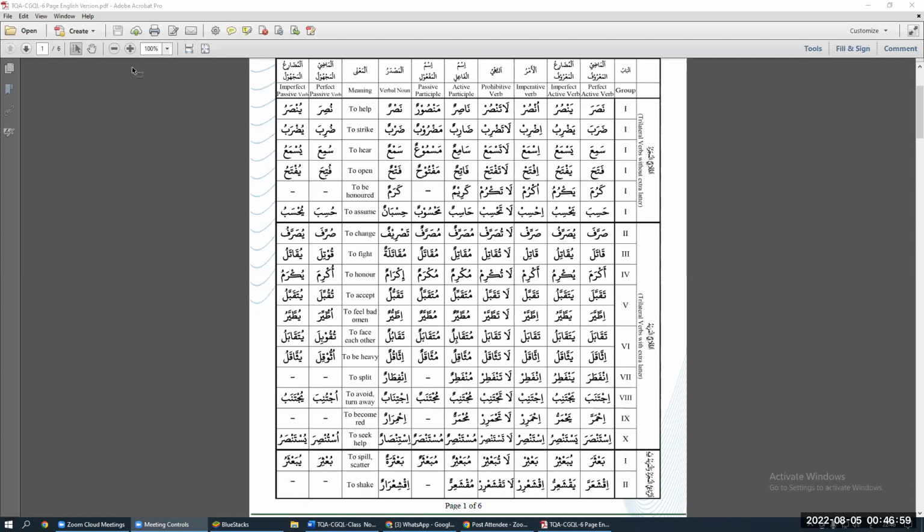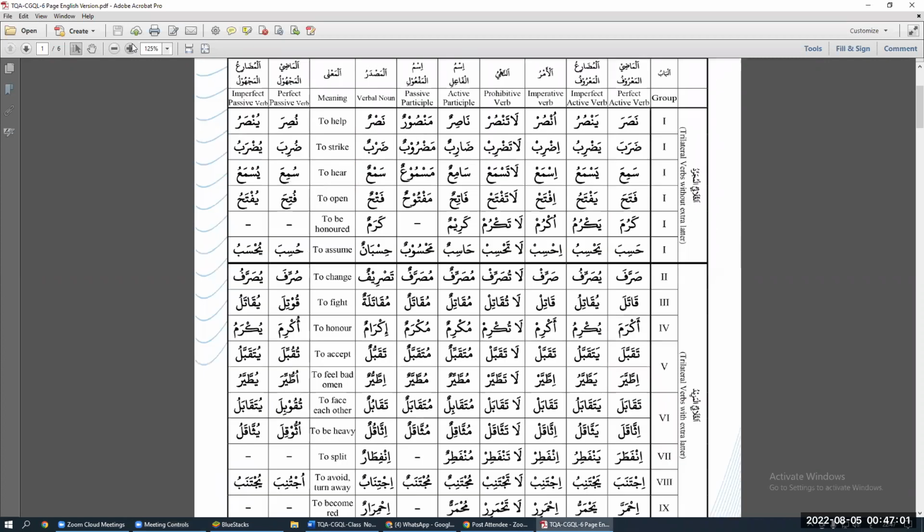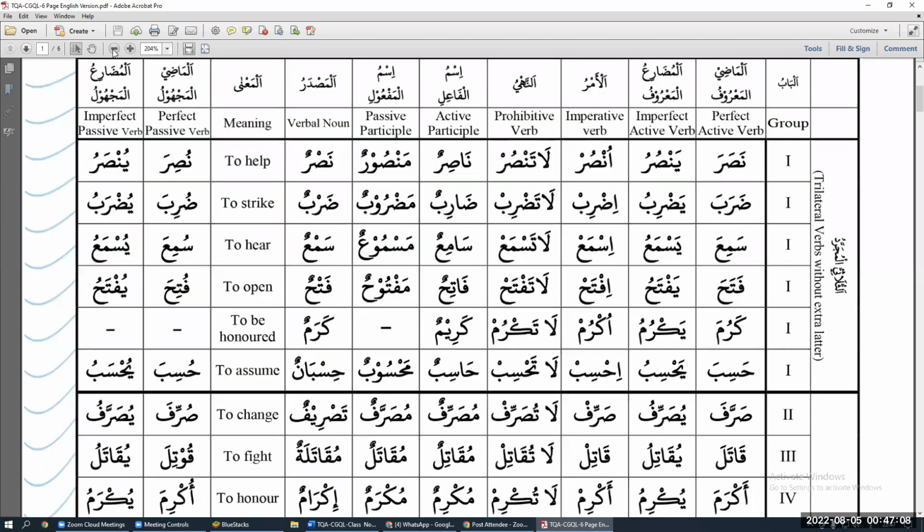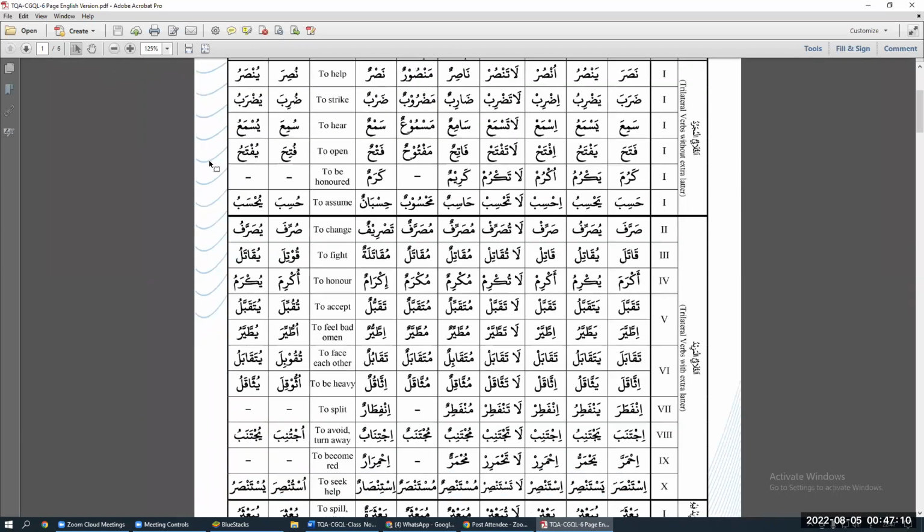Now I will show you one. This is important, please note. Everybody ready? Okay. Now you see these are all three-root verbs, here only fa, ain, lam, three letters: fa'ala, fa'ila, or fa'ula.